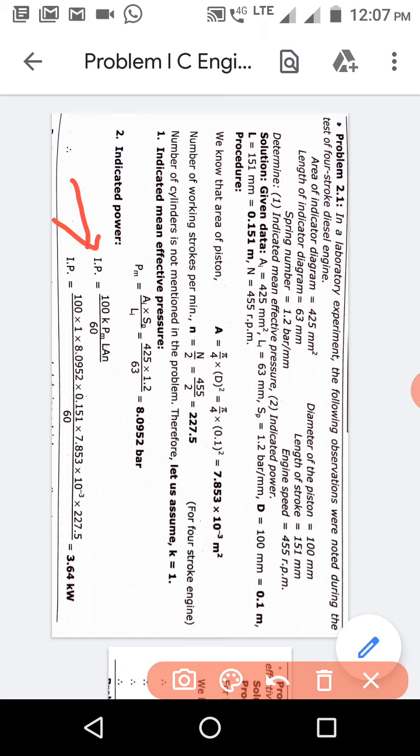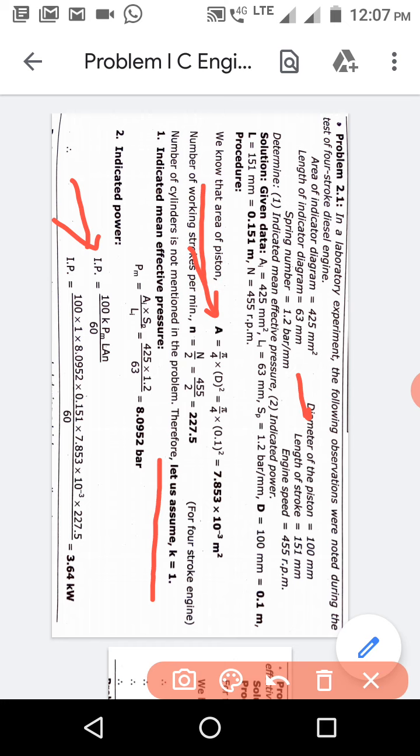In this formula we have assumed the number of cylinders is equal to 1, and we have calculated the area of the piston. The diameter of the piston is given in the problem, equal to 100 mm, and with its help we calculated the piston area, pi by 4 into d square.